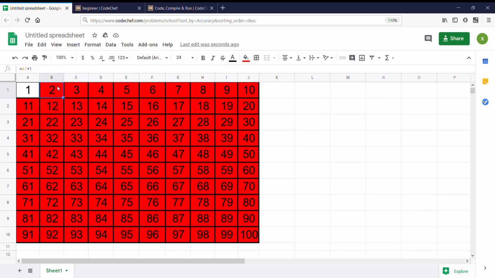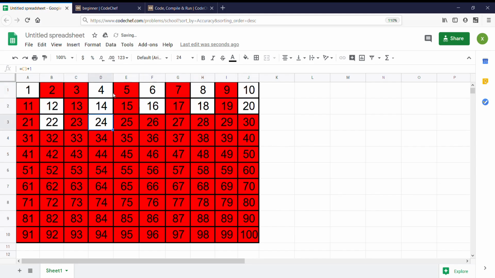The first number is 2, so we know it's a prime number. We also know that a multiple of any number is never a prime number. So 4, 6, 8, 10, 12, 14, 16, 18 and so on are not prime numbers, so we mark them as not prime.